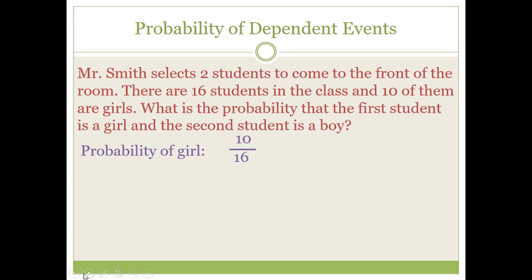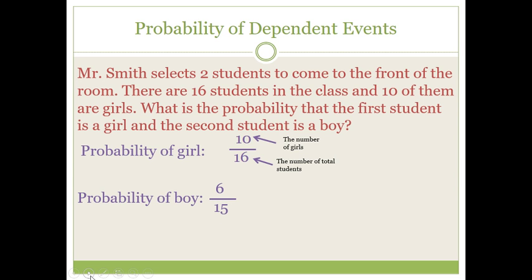The answer is no, because I've already pulled one of the students out. I've lined her up. I pulled her to the front of the classroom. So now when I'm picking the boy, there's only 15 students to pick from, right? So that's why the probability of choosing a boy here is 6 out of the remaining 15 students, not 6 out of 16.